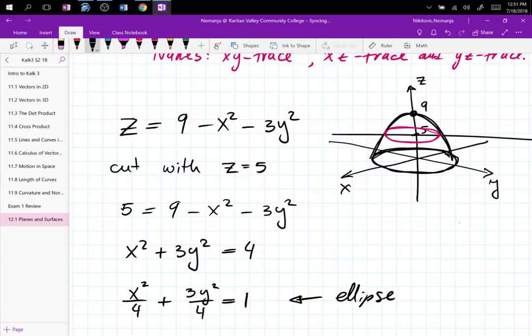If you cut away, right outside of the shape, you should get nonsense. If you cut with a shape z equals something more than 9, then you are going to get the equation to equal a negative number.